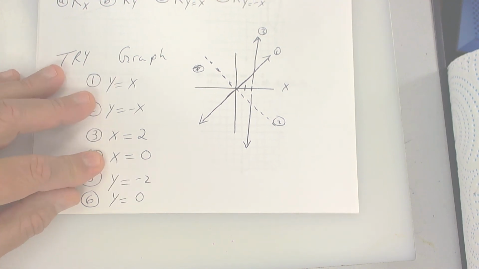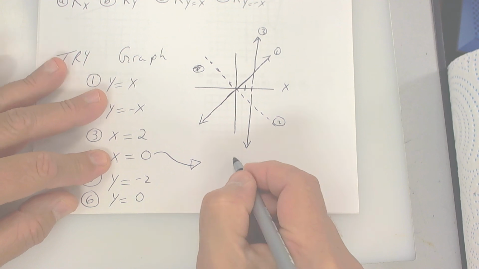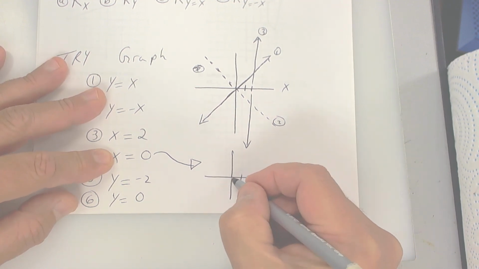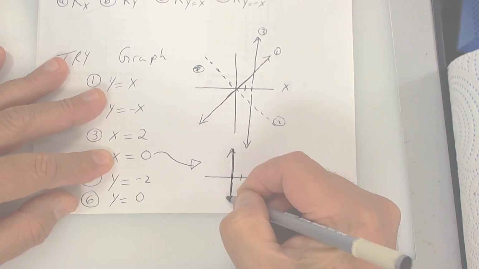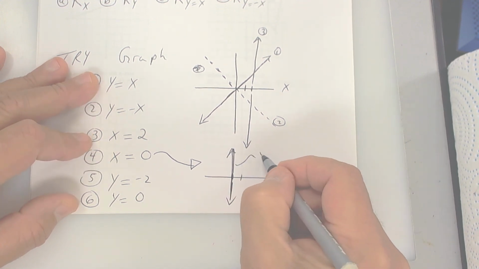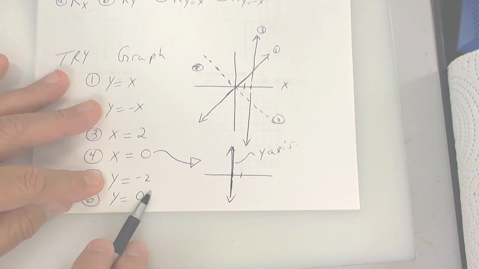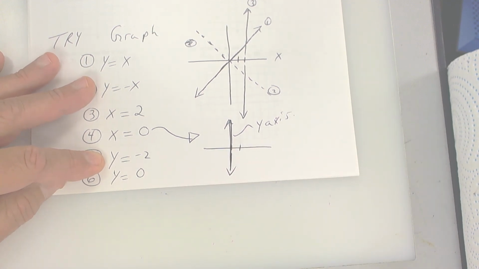x equals 0 is actually, let me use another graph. x equals 0. This is x equals 1. x equals 0 is actually the y-axis. So put y-axis. Make sure you know that, okay? y equals -2, and I'm running out of space here, so let me use another sheet.